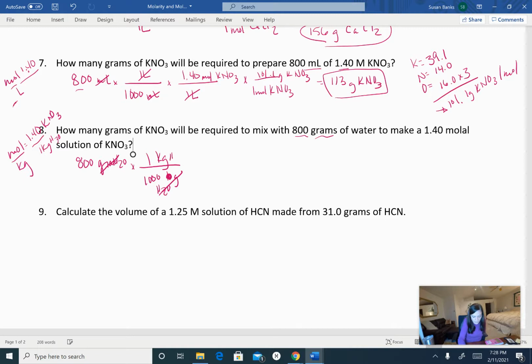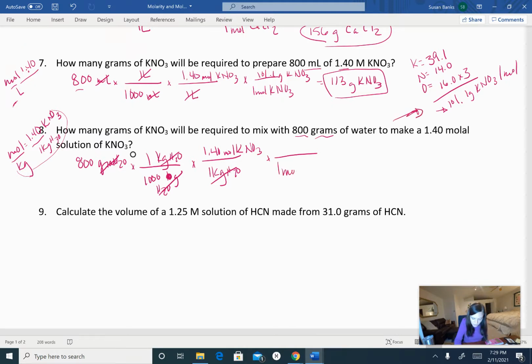I now have kilograms of water. I'm going to use this relationship to cancel out my kilograms. So I want my kilograms to be on the bottom. So in 1 kilogram of this solution of water, I have 1.40 moles of potassium nitrate. Okay, so my kilograms of water cancel out. I have moles, and I want to get to grams. So I'm going to use my molar mass that I did over here.